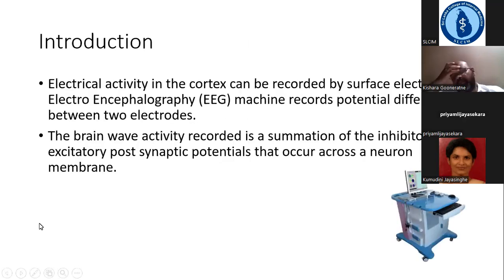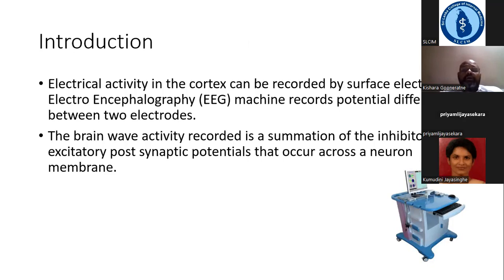So what does the EEG actually do, or what we call the electroencephalography or the EEG machine? What it does is it records potential differences between two electrodes, and these electrodes are generally on the surface of the scalp, and it records the electrical activity on the surface of the brain.